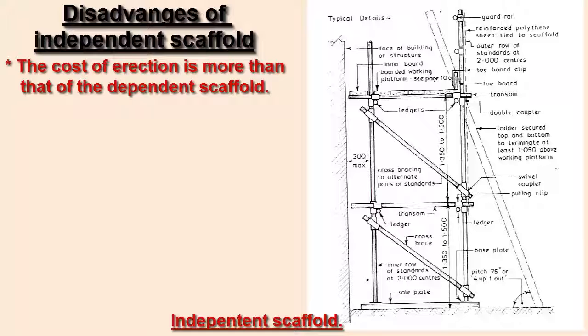Most of them are placed on a base plate on the ground to hold it firm. The erection is similar, but it differs from the dependent scaffold, because the independent scaffold has a double row of standards.